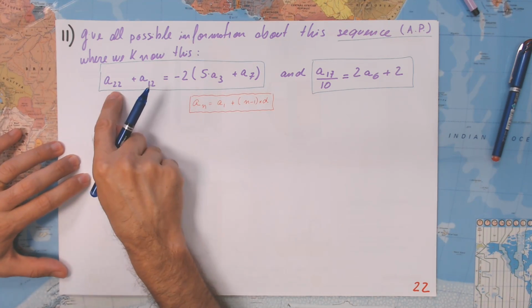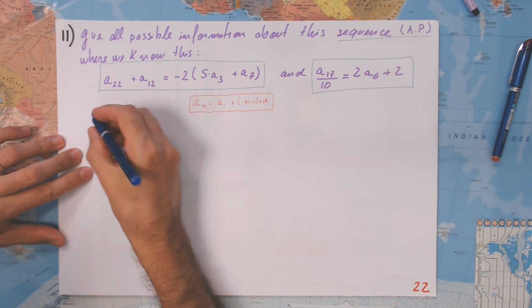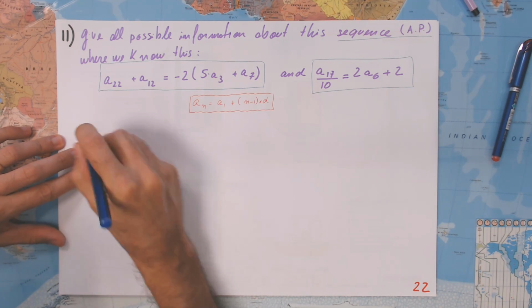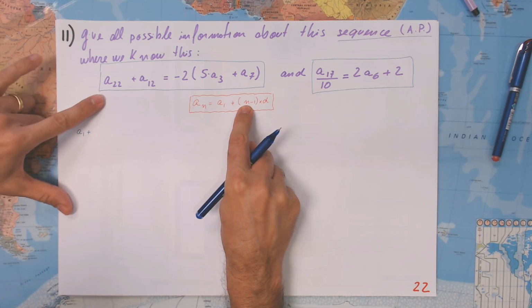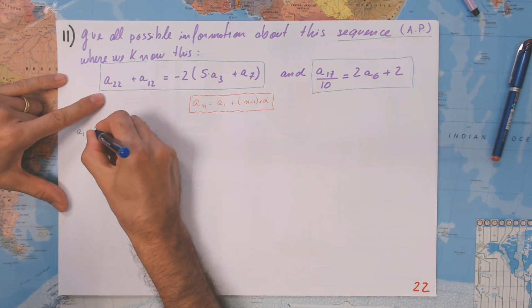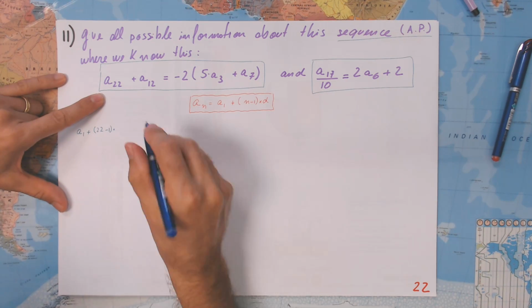So A22 is going to be A1 plus 22 minus 1 times D. We still don't know what D is.